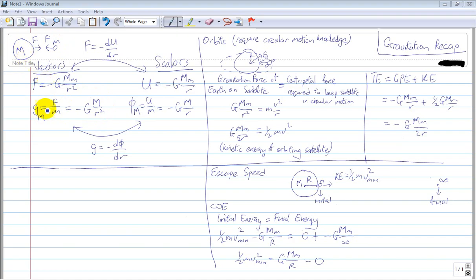Force and field are both vectors, so the negative here actually implies direction. This is significantly different from your energy as well as potential, which are scalars. The negative here has a different meaning because gravitational potential energy as well as gravitational potential are both scalars.